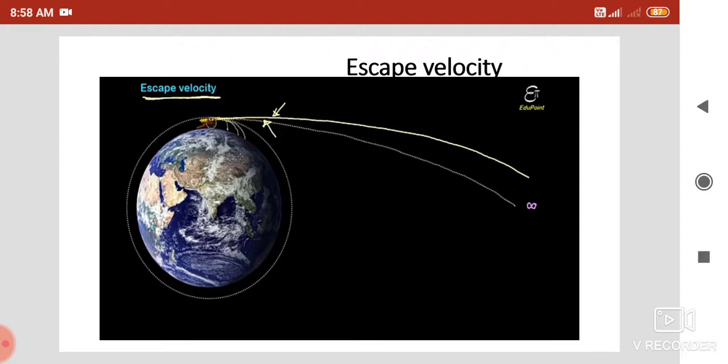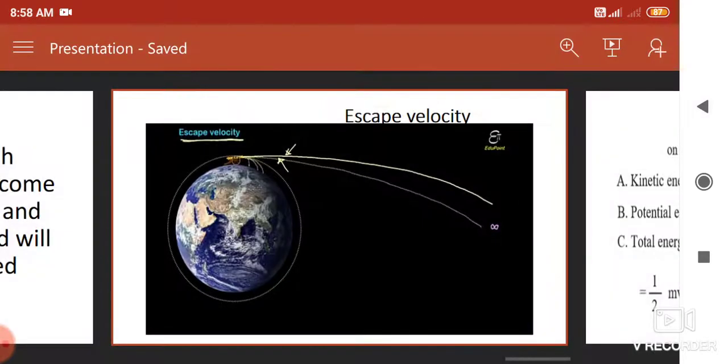So this velocity is sufficient for the object to overcome the gravitational force of the planet, and it can remain at rest at that position without any motion.